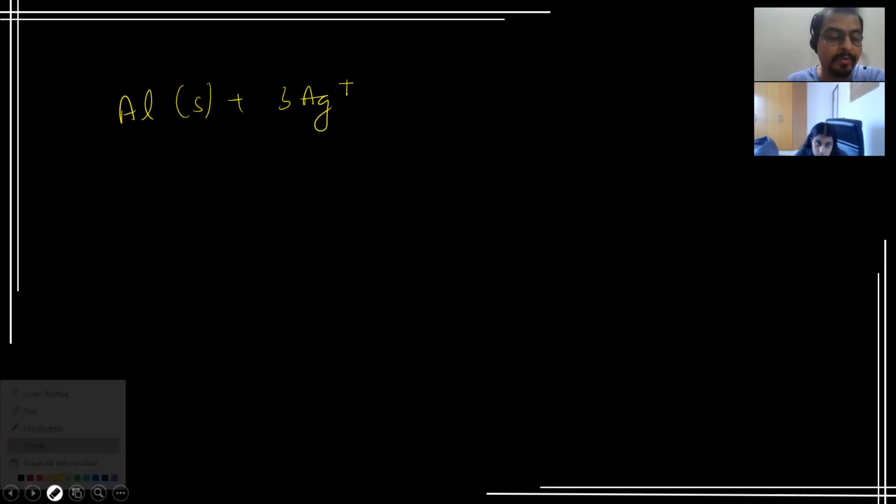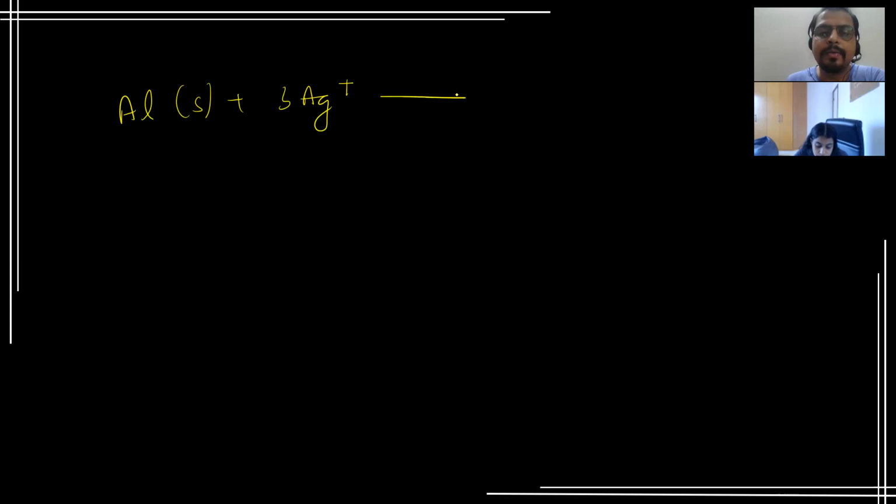If I give you one fundamental question. I am having this cell: aluminium solid plus 3Ag plus. Ag plus is a monovalent cation. Silver is there.